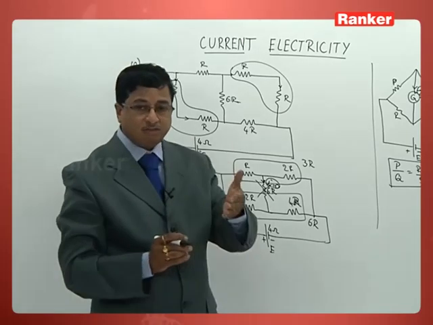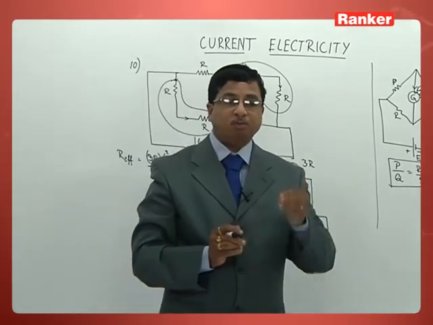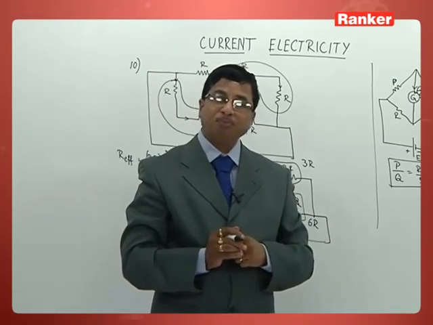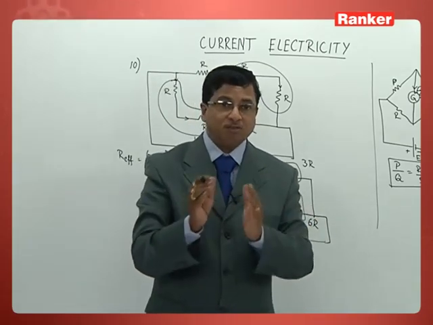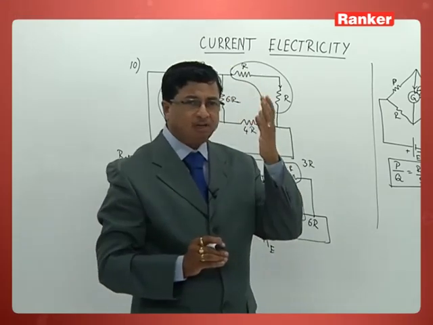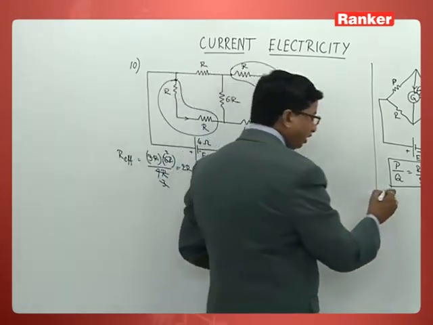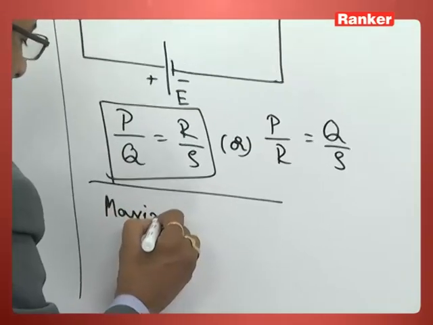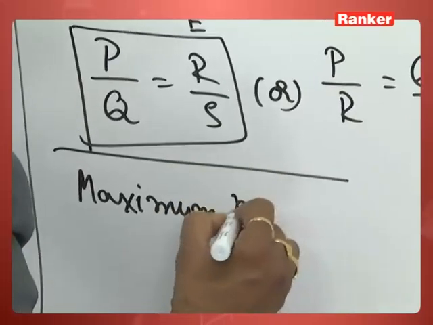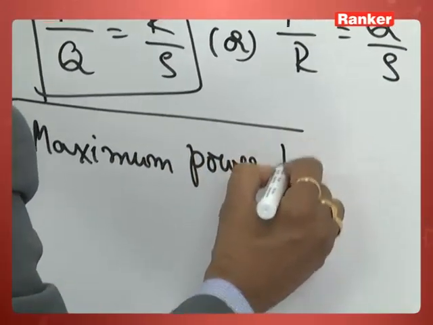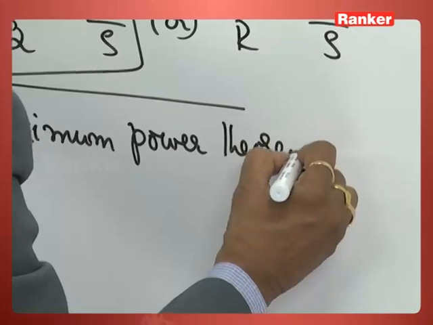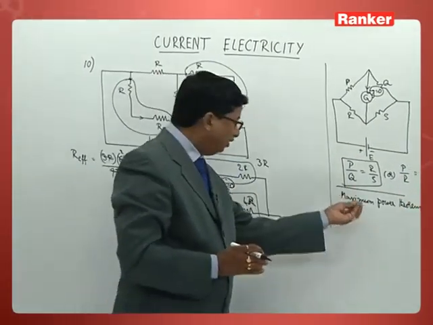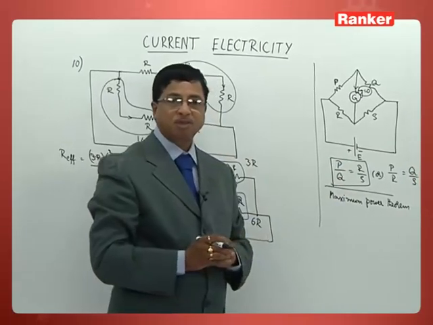What is the question he is asking? For the power delivered to be maximum. Power is maximum. Now immediately you should go back to a theory. What is that? Maximum power theorem. Most of you might have read it like this only, the same name.